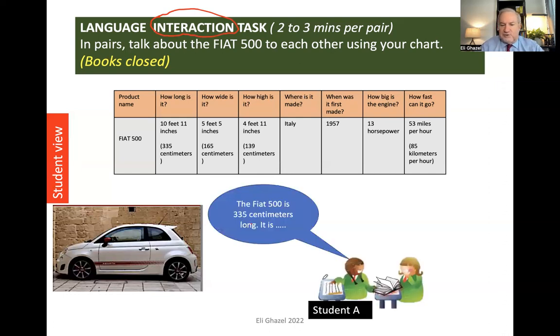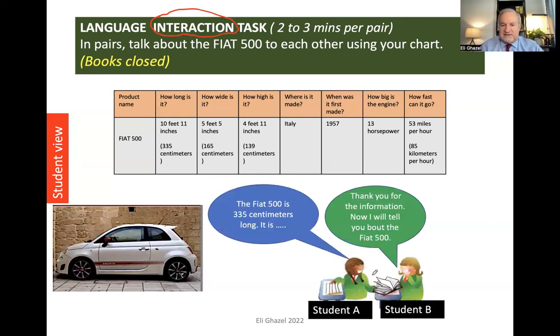You would have 2 students like this. The first student would go, the Fiat 500 is 335 centimeters long. It is 5 feet or 165 centimeters wide. It was made in Italy. It was first made in 1957.